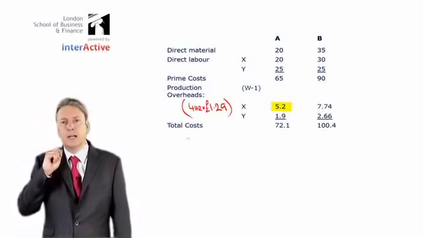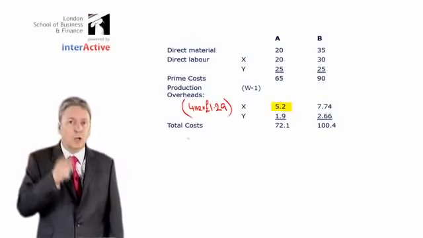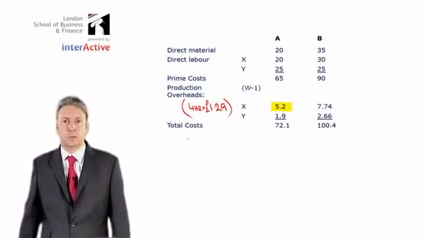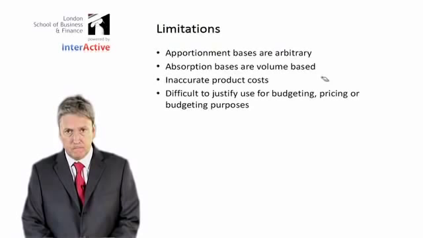Once you've done that, you then calculate the overhead absorption rate for each product. Not a problem. And once you've got your overhead absorption rate for each product, then you link the overhead to the products. Absorption costing is a fundamental, generic methodology.